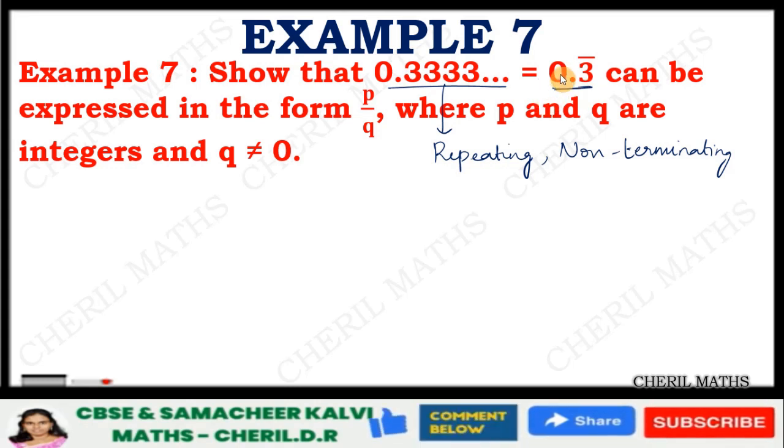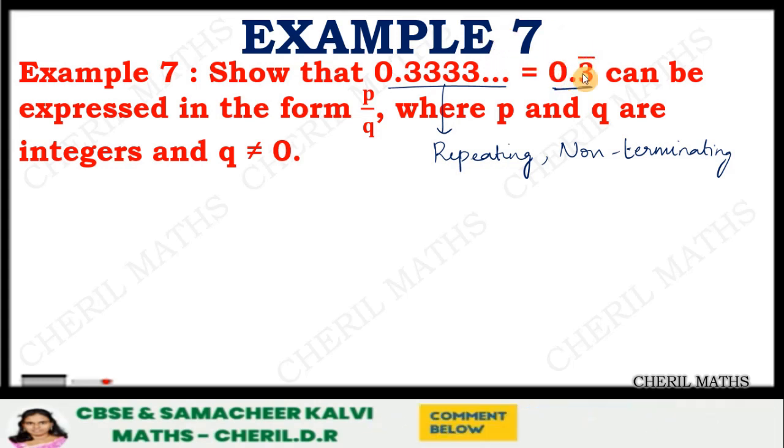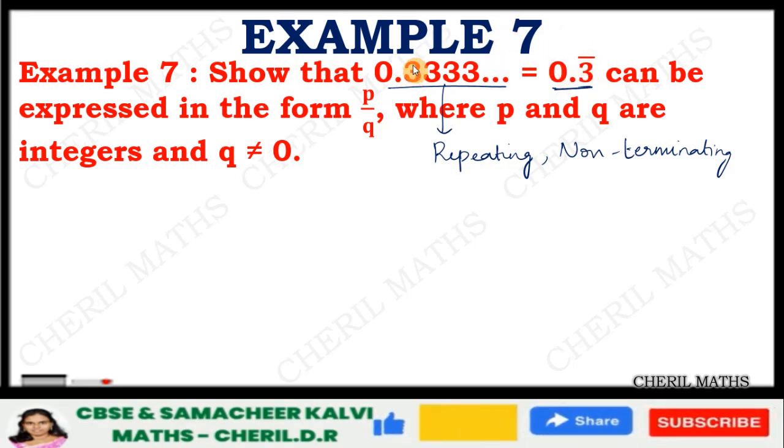I told you already in the previous videos that when a number repeats, wherever the pattern is repeating, there you can put a bar. If not, this explanation is there in the video where we have discussed example 5.